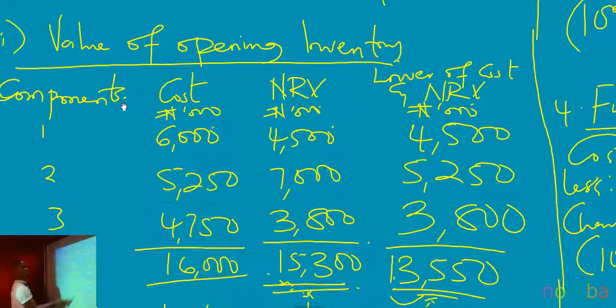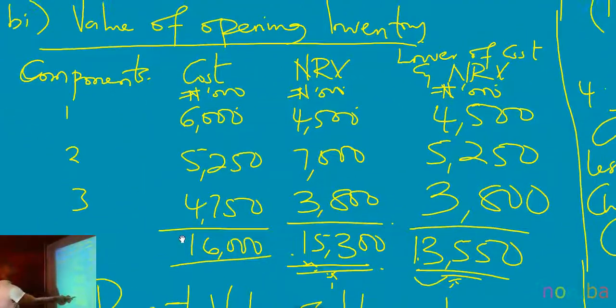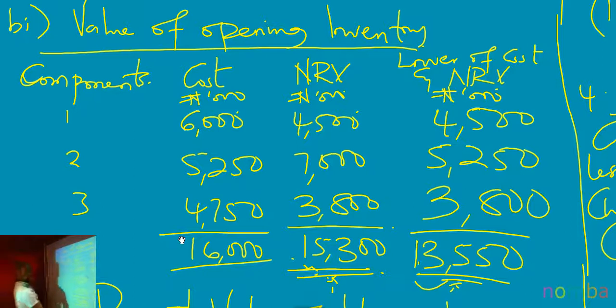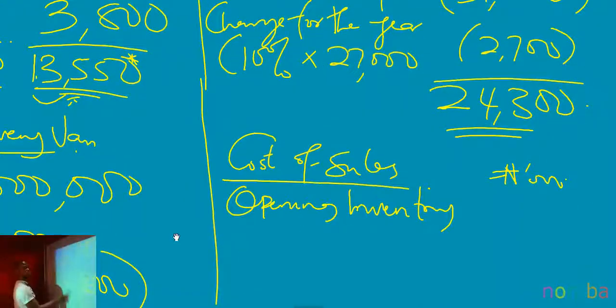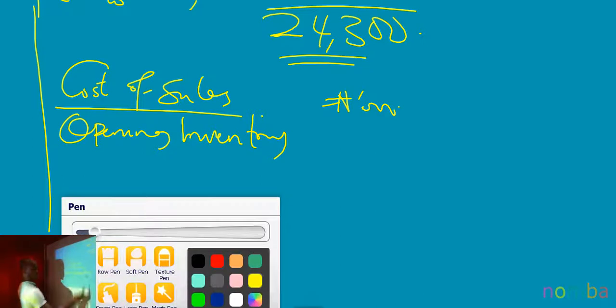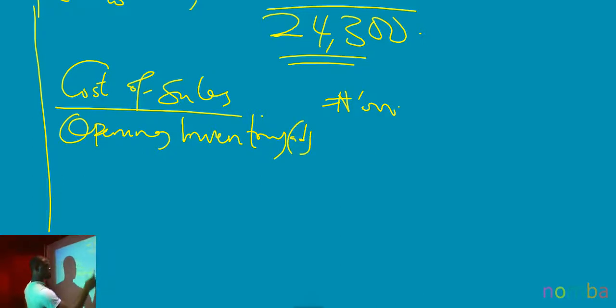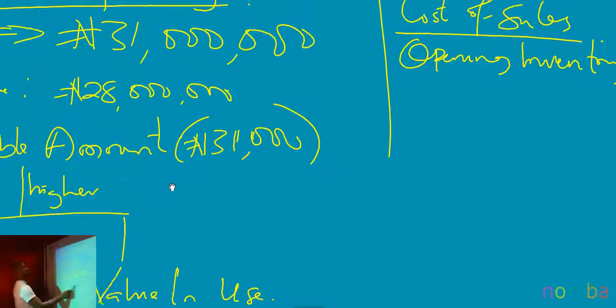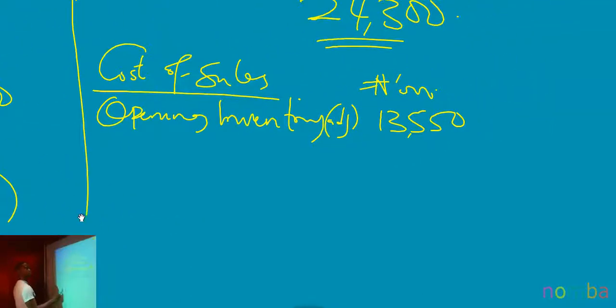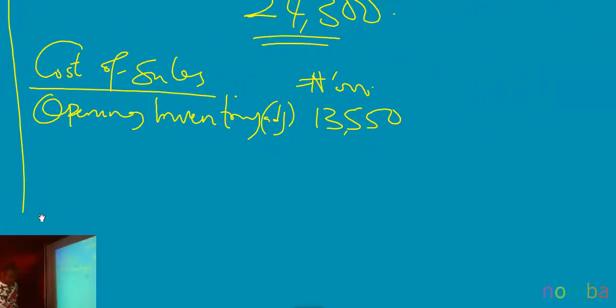Remember, we determined the opening inventory here, and the value is 13,550 as against the 16,000 that was recognized in the trial balance. So that would be the adjusted opening inventory. It's 13,550. Adjusted opening inventory.